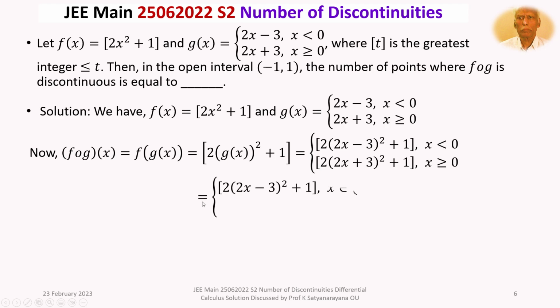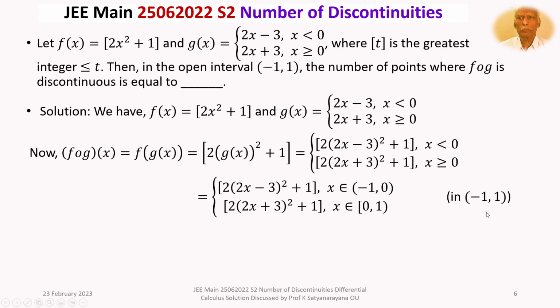So f composed g of x is equal to bracket 2 times 2x minus 3 whole square plus 1 when x belongs to the open interval minus 1 to 0, and bracket 2 times 2x plus 3 whole square plus 1 when x belongs to the interval 0 to 1.